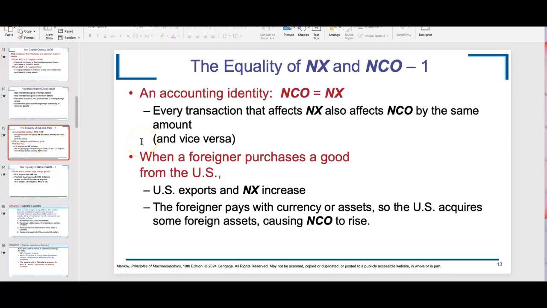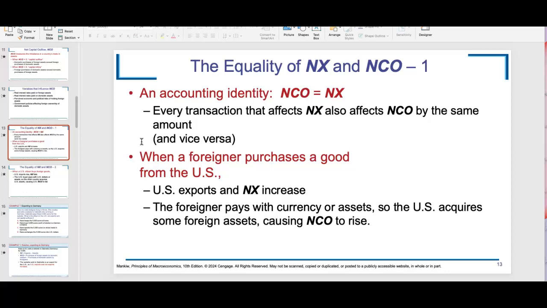So now we come to this identity, and we call it an accounting identity, right? There's no other economic factors that affect it but the numbers. Every transaction that will affect net exports, so every export and every import, will also affect the net capital outflow by the same amount and vice versa, right? If you purchase a good from the USA, we export, and the net exports will increase.